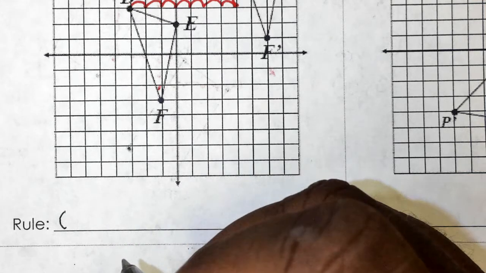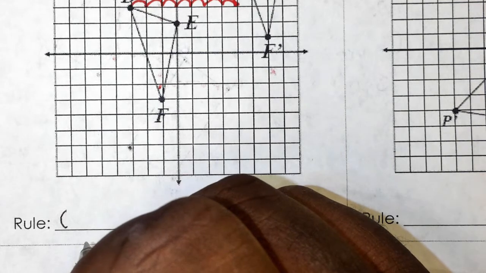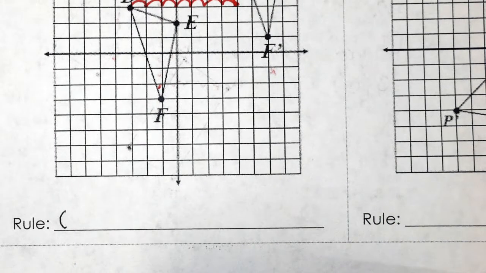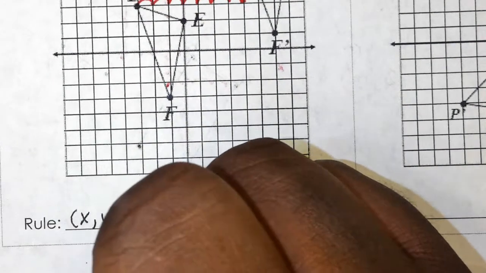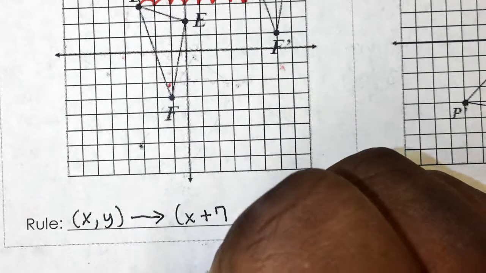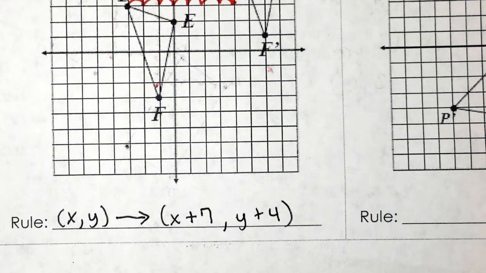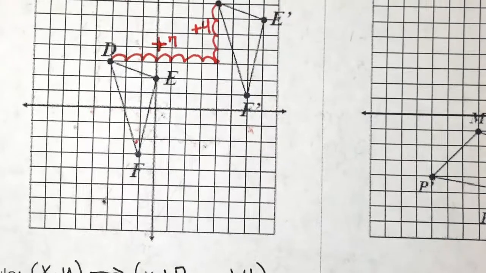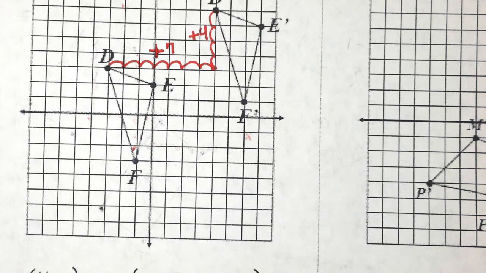You gotta start. That ain't how it starts though. Is it X, Y? X, Y maps to now, and then it's X +7 and Y +4. That would be the mapping rule for this translation up here. And like I said, you can pick any 2 points and do the count. If you pick E and E prime, you're going to get the same count. Pick F and F prime, you're going to get the same count there.